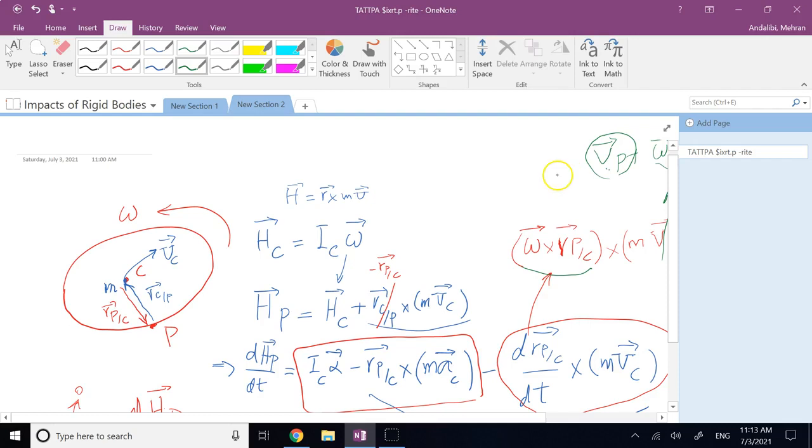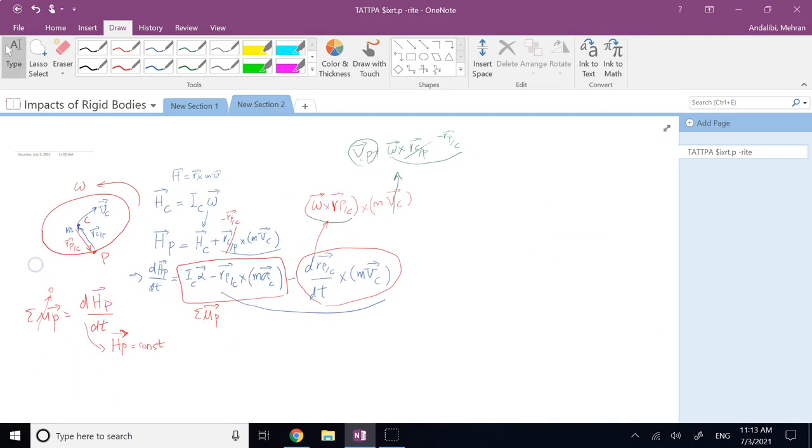Well, that's what is not discussed in this textbook. If you look at the textbook by Bedford and Fowler, it has not discussed any detail like this. It just jumped to the conclusion that yes, the angular momentum of each part about the contact point is constant. It never mentioned any detail like that, so it just simply neglected it.